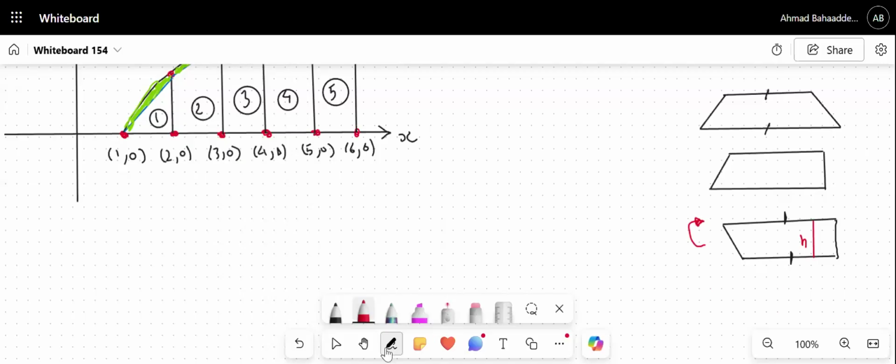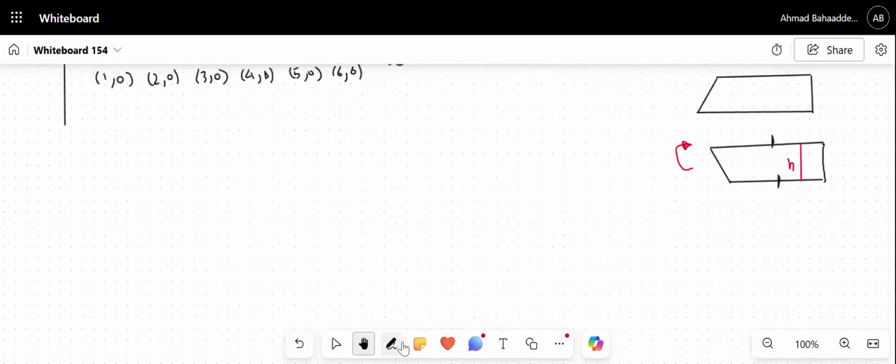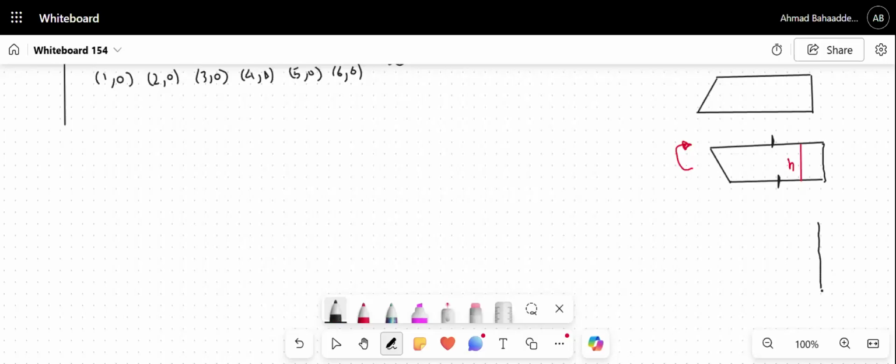So my trapezoid is going to be as I plot it down here for you guys. Again, the last time I'm going to plot this trapezoid. My first line is going to be like this, and that's a second line, approximately like this. And my base is going to be this one.